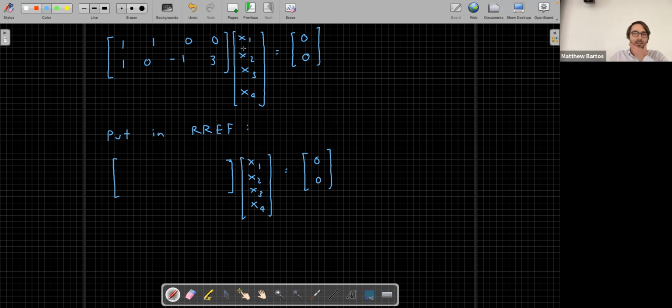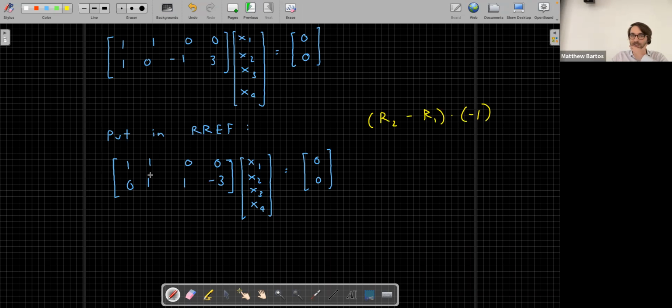If we take R2 and subtract R1 from it and multiply by -1, we can put the second row in the form 0, 1, 1, -3. So this is R2 minus R1 times -1.